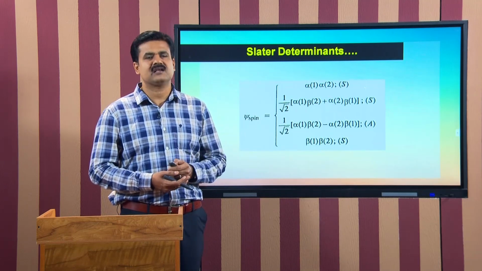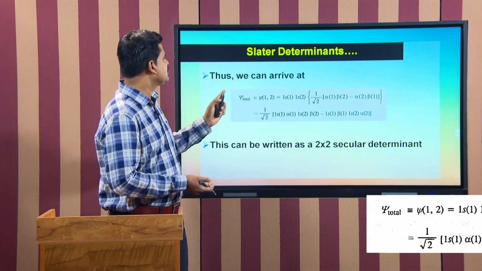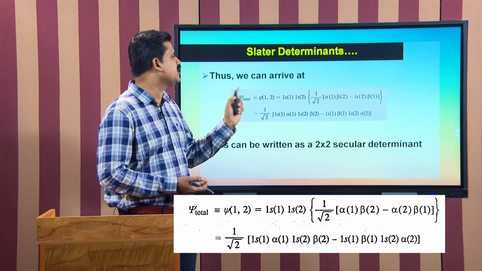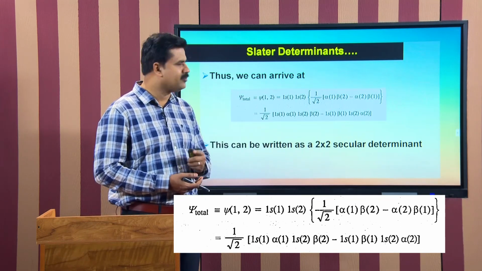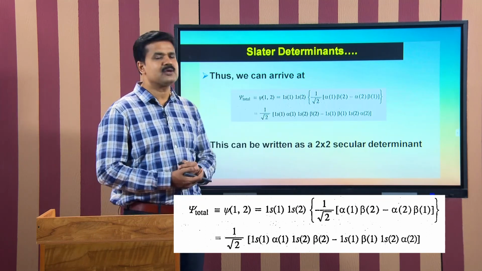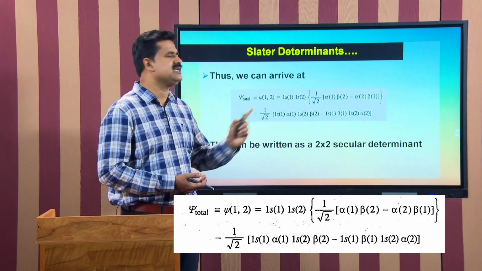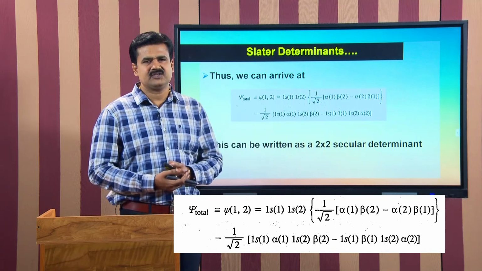These are the spin components. Thus, we can arrive at psi total, psi 1 2, equal to 1s1 1s2 into 1 by root 2 alpha 1 beta 2 minus alpha 2 beta 1, which is again equal to 1 by root 2 into 1s1 alpha 1 1s2 beta 2 minus 1s1 beta 1 1s2 alpha 2.